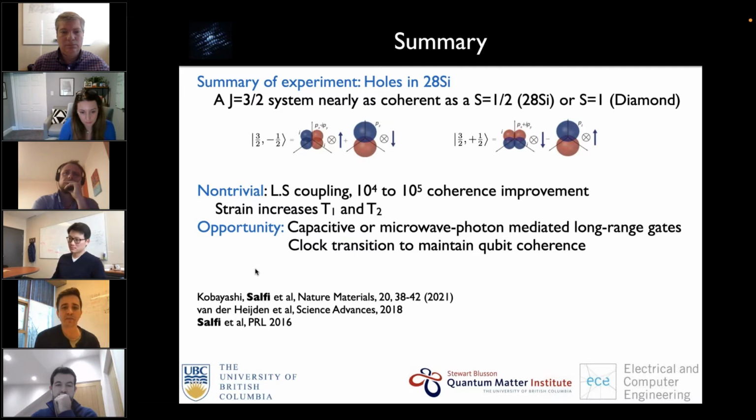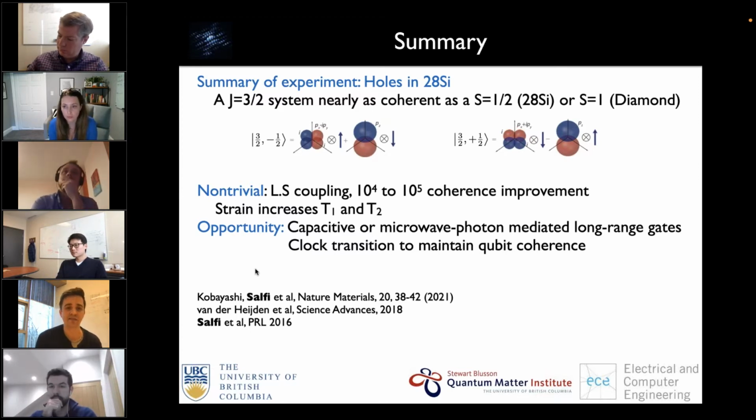It gives us another platform within quantum devices, namely hole qubits, to try to build scalable quantum computers. I've tried to make the argument that because of density, crosstalk, fabrication difficulties, and noise, it's very appealing to go to long-range gates. And the key is really these optimal operation points in the future that we're looking at.